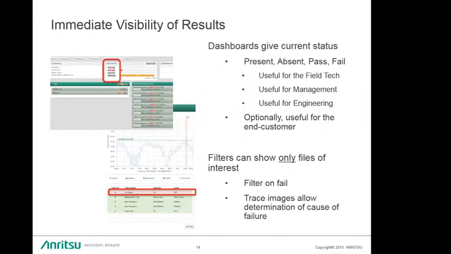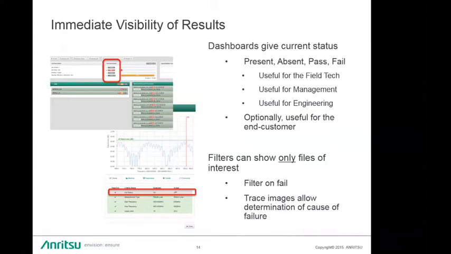Another thing the dashboards give you is what traces are present, what traces are absent, what traces have passed, and what traces have failed. As soon as these traces are uploaded by the field technician, everybody can see this, including the field technician. So if there are some failures or if there are some missing traces, he immediately knows what needs to be done. Management knows it, engineering knows it, and if you wish, your end customer can know this as well.